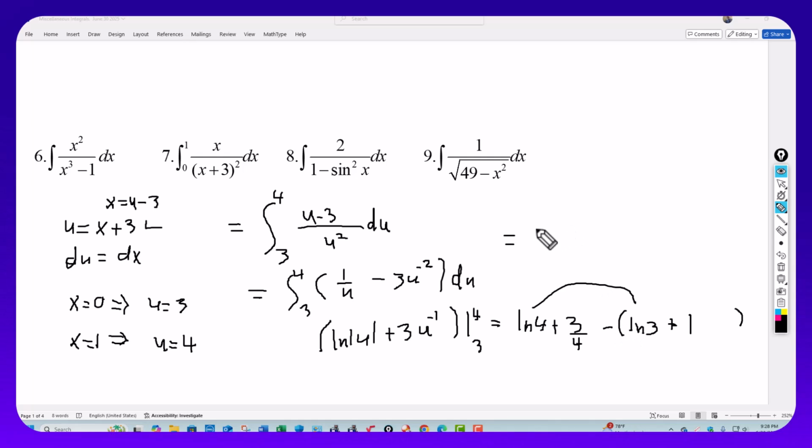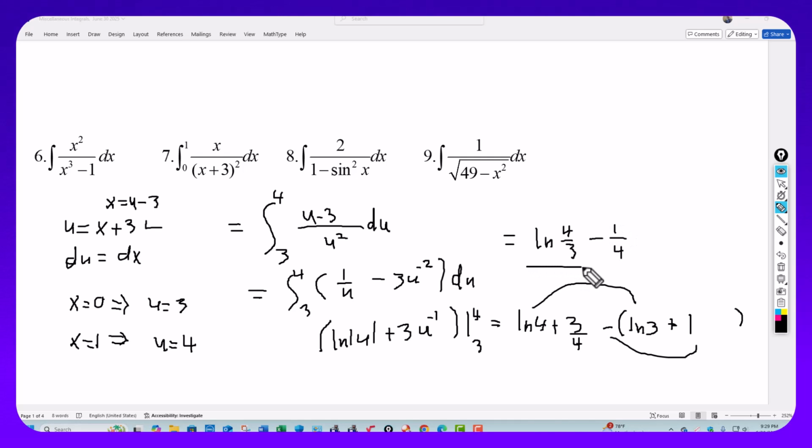Difference of 2 logs, I can write that as the natural log of 4/3. And then I got a 3 over 4 and a minus here. This would be minus 1, so this gives me a minus 1 here and a 3 over 4. That's going to be a minus 1/4.